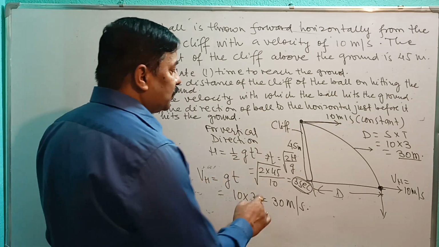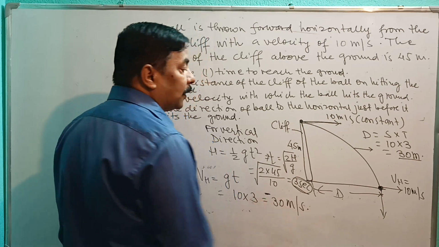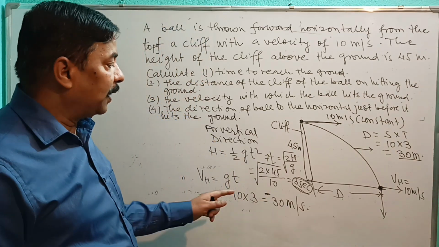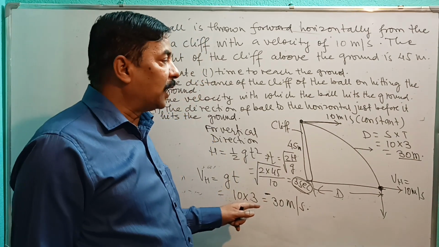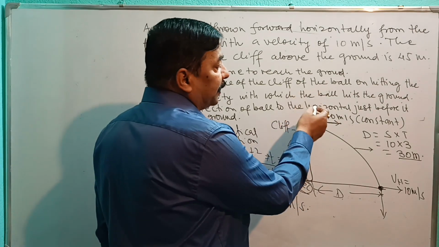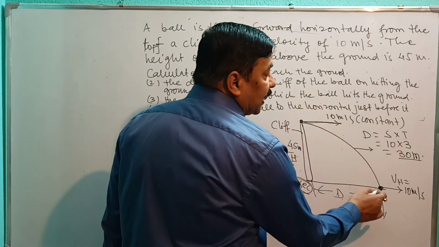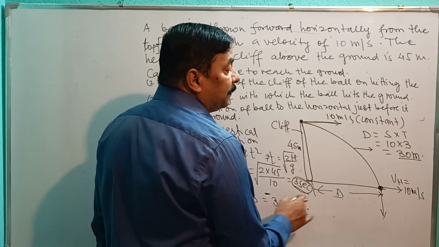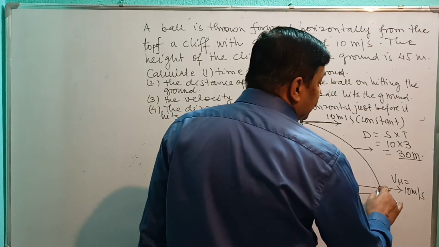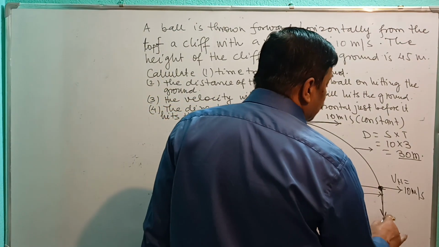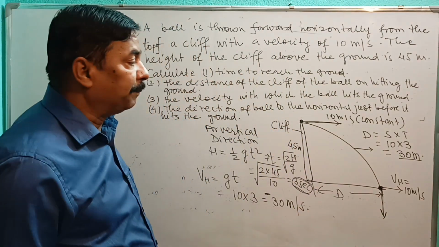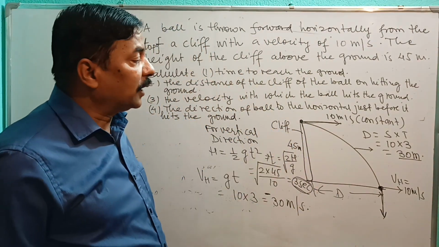So actually it is minus 30 meter per second. What does it mean by minus? In vector, minus tells about the direction. This direction I have taken positive, so this direction is negative. So it is minus 30 meter per second, means this direction, and magnitude is 30 meter per second. So minus only tells about the direction.